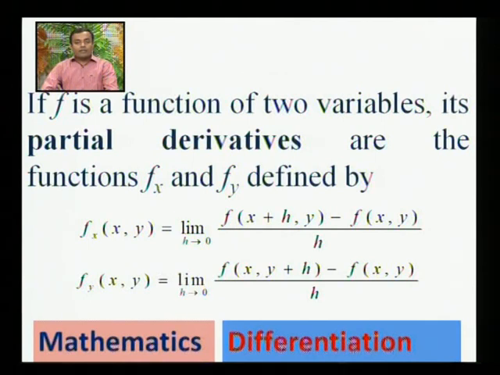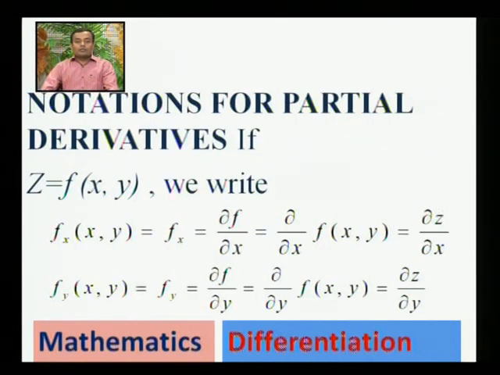So we are dividing f of (x, y plus h) minus f of (x, y) by the difference, that is h, and that will give us the rate of change in f with respect to y. That partial derivative with respect to y is denoted by f_y(x, y), and that is del f by del y, or del by del y of f(x, y), or del z by del y.